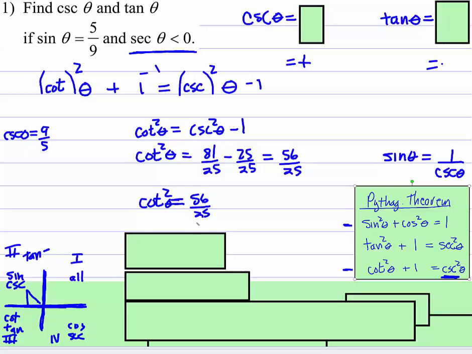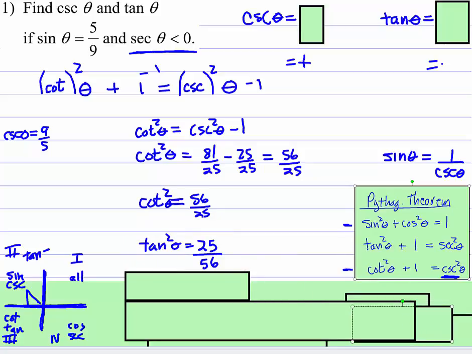Well, cotangent squared is the inverse of tangent squared, so I'm just going to flip that. I flipped this because remember, cotangent theta is the same as 1 over tangent theta. So tangent squared, we just ended up flipping those two things.